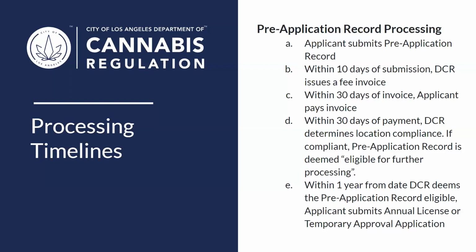Sometimes when the parcel is within 700 feet of a buffer, 600 feet of a sensitive use, DCR has to reach out to the prospective applicant and ask for a proposed business premises diagram.